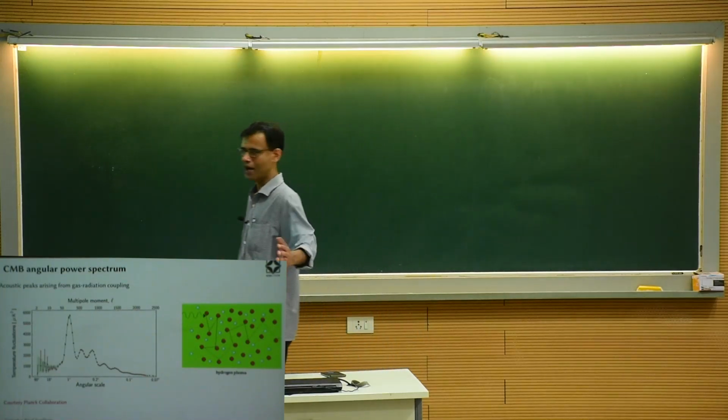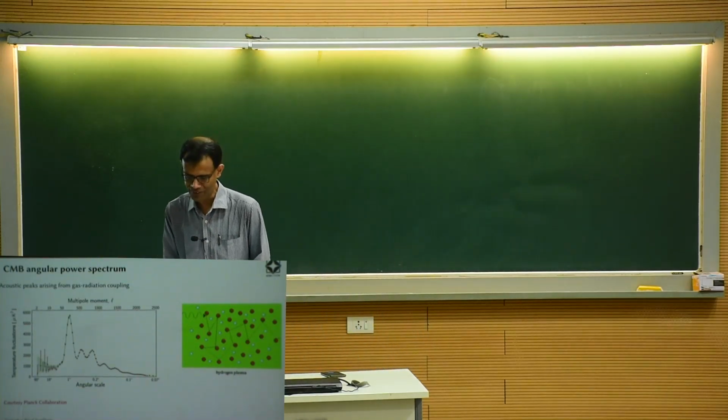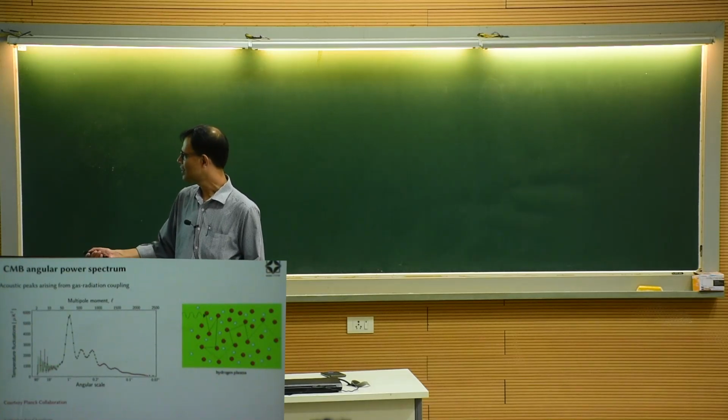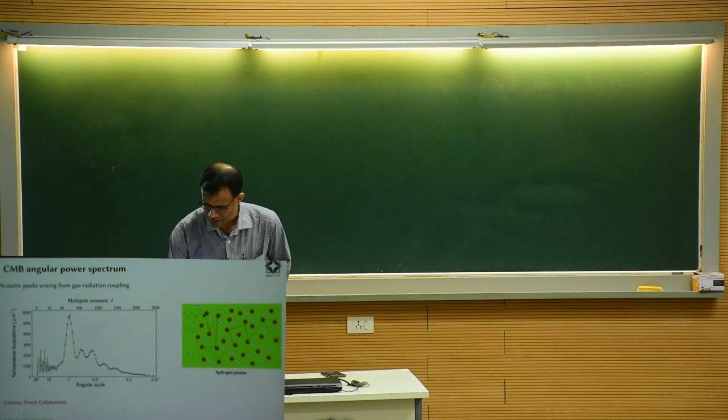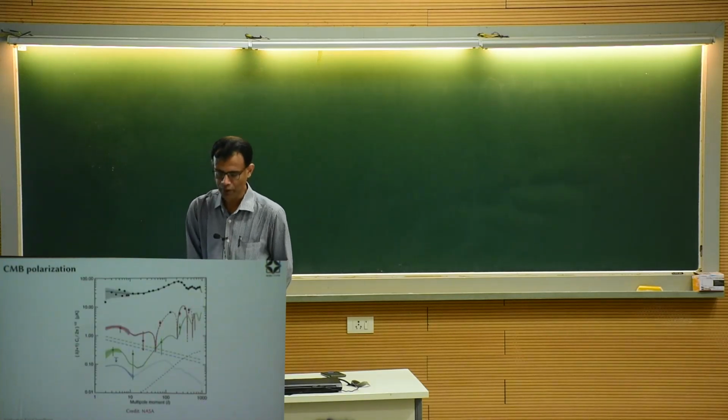But then those peaks damp and so on. So there's a lot of physics involved, but this is very well understood, and this is the prediction of the concordance model of cosmology. So you can see it matches the data superbly well.